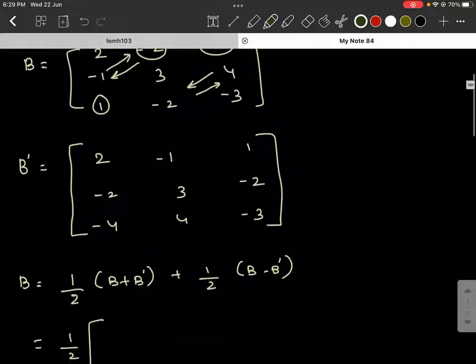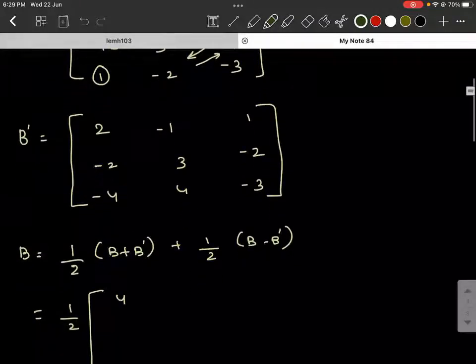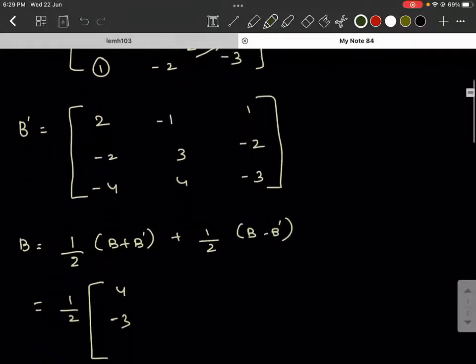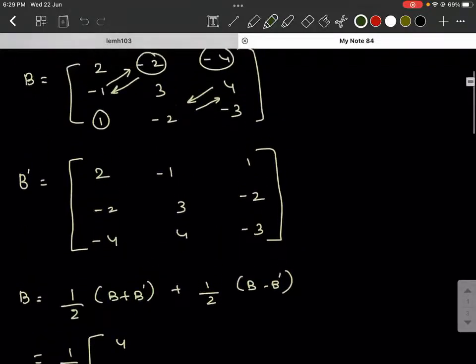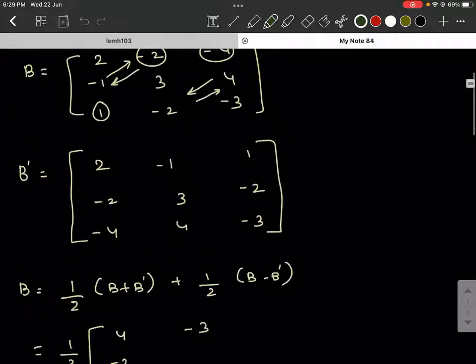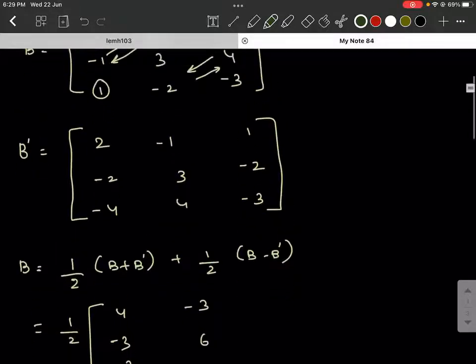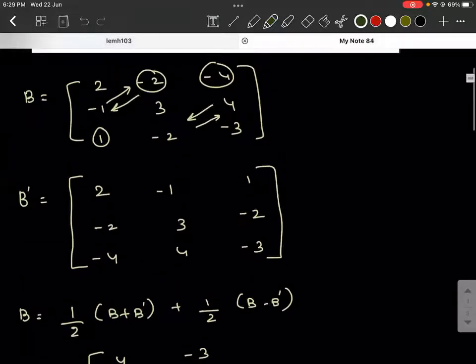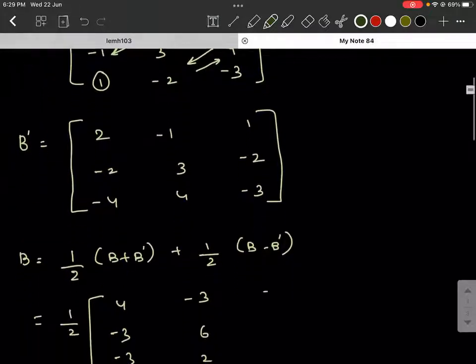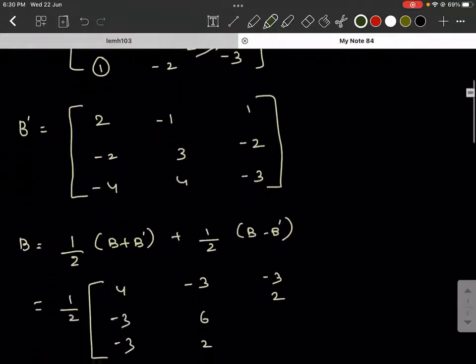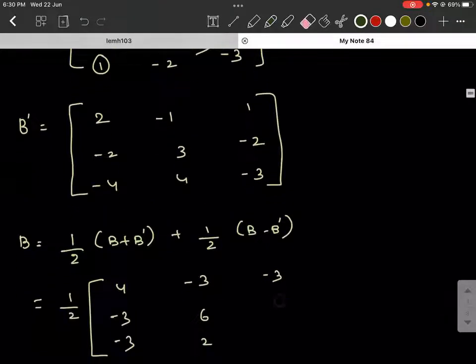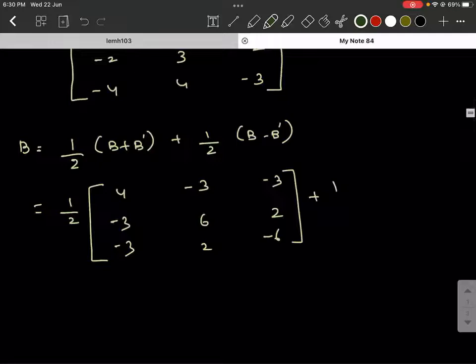B plus B transpose will be 4, minus 3, minus 3; minus 3, 6, 2; minus 3, 2 and minus 6; plus half into B minus B transpose. So what am I going to get there?